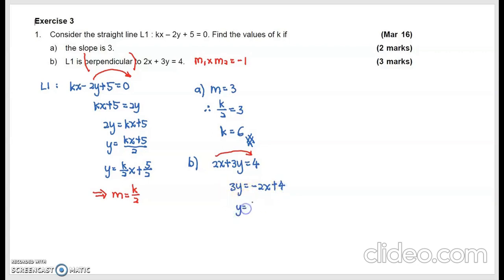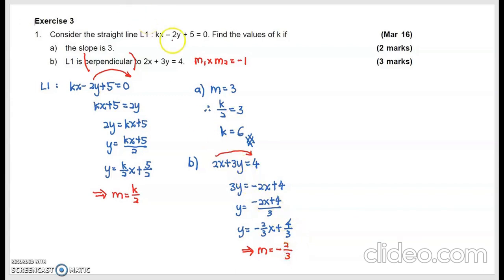Y is equals to negative 2x plus 4 over 3. I separate into 2. Y is equals to negative 2 over 3 x plus 4 over 3. So means that for this equation, our m is equals to negative 2 over 3.